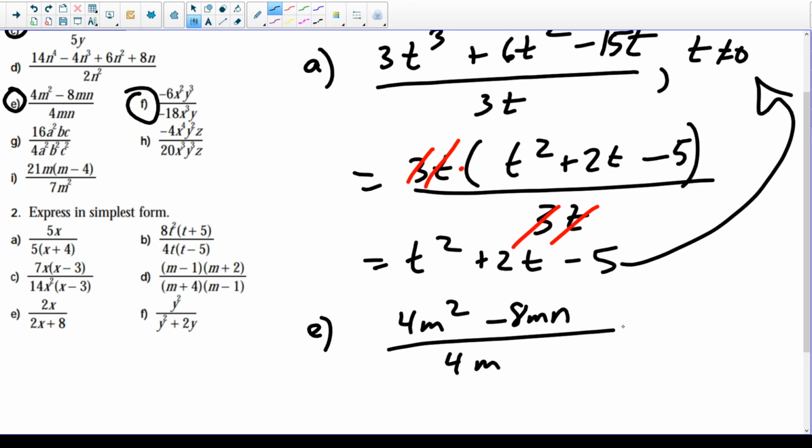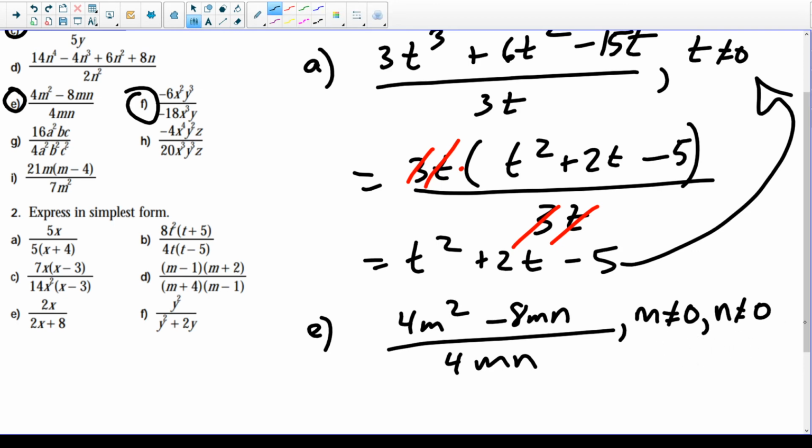What value can m not be equal to that would potentially make the denominator equal to 0? Well, m can't be equal to 0. Now, forget about the m. N is also multiplying and also can't be equal to 0. Right? So you would just state both letters and whatever their restrictions are separately.